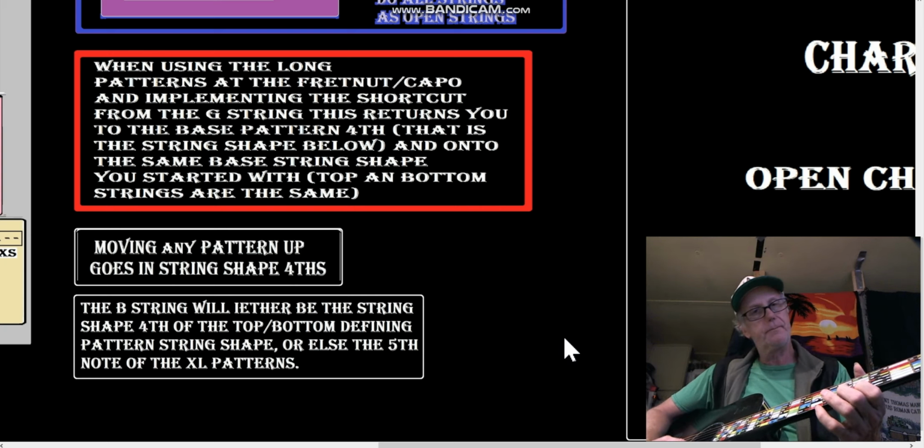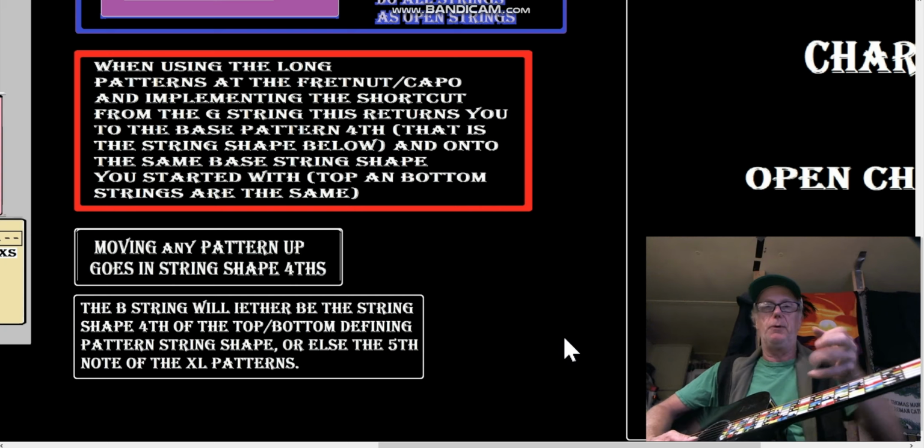In the E long pattern they are aliased. Aliased means they're just the same fingering if they were done individually, not like one going to the next one.